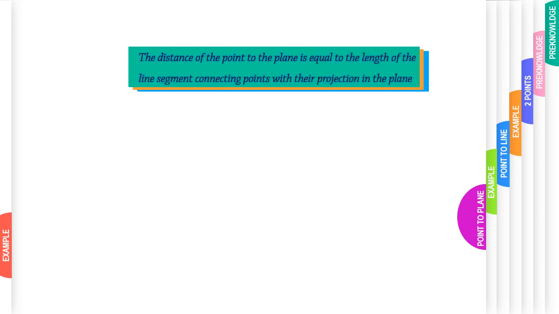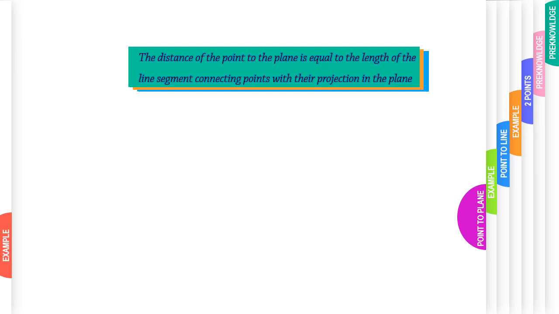Let's learn about the distance between a point and a plane of a cube. The distance of the point to the plane is equal to the length of the line segment connecting the point with its projection on the plane.